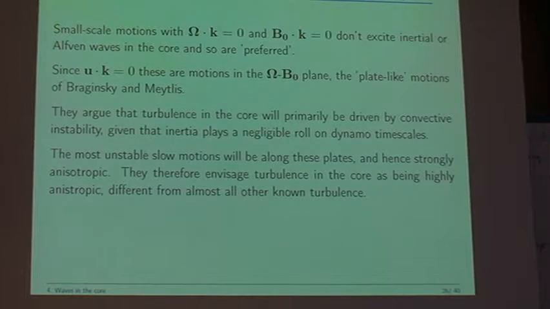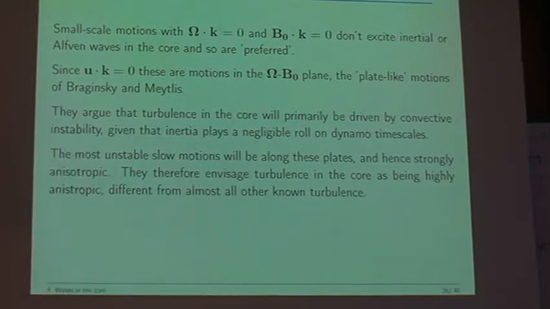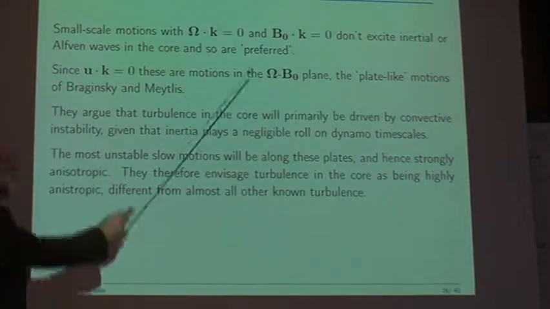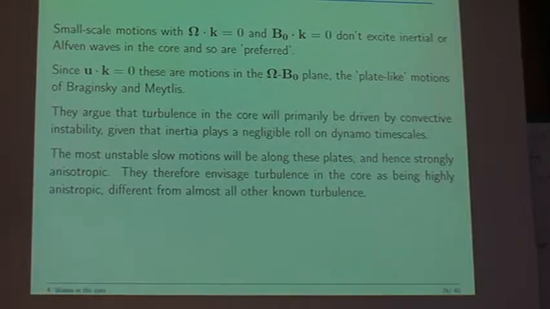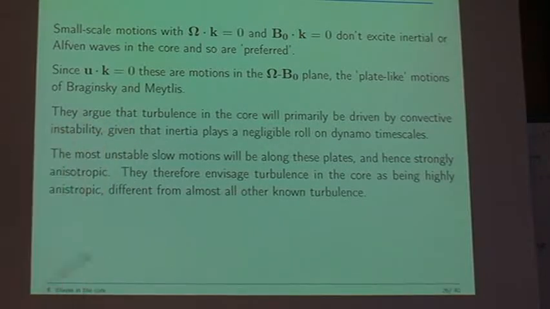So, well, that's a problem. There are a number of people who are trying to make models in which the small-scale turbulence is parameterized in that way, with varying degrees of success. All the models I talked to you about before have isotropic eddy diffusions in them. So they're essentially ignoring Braginsky's idea.